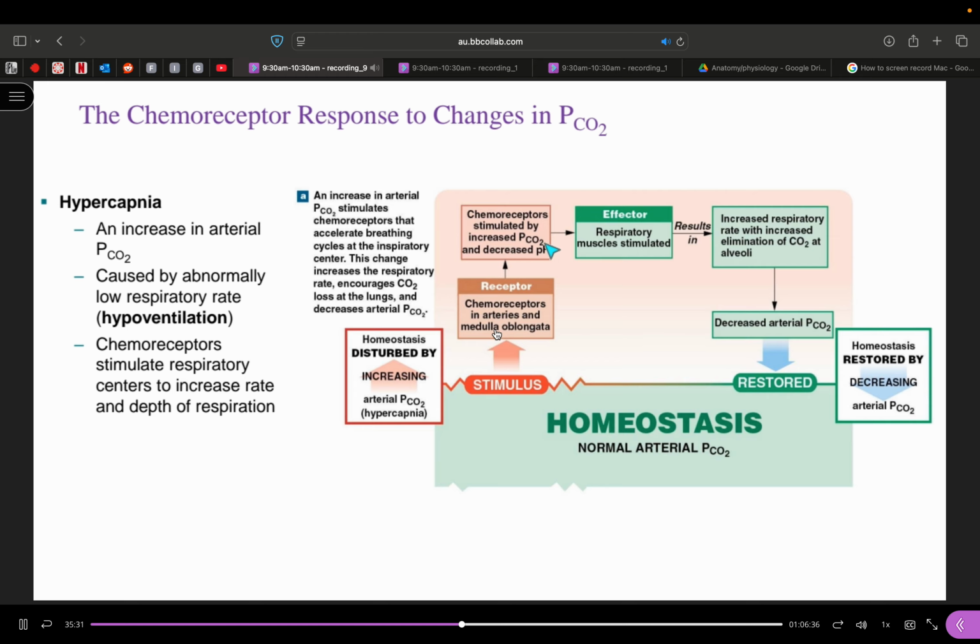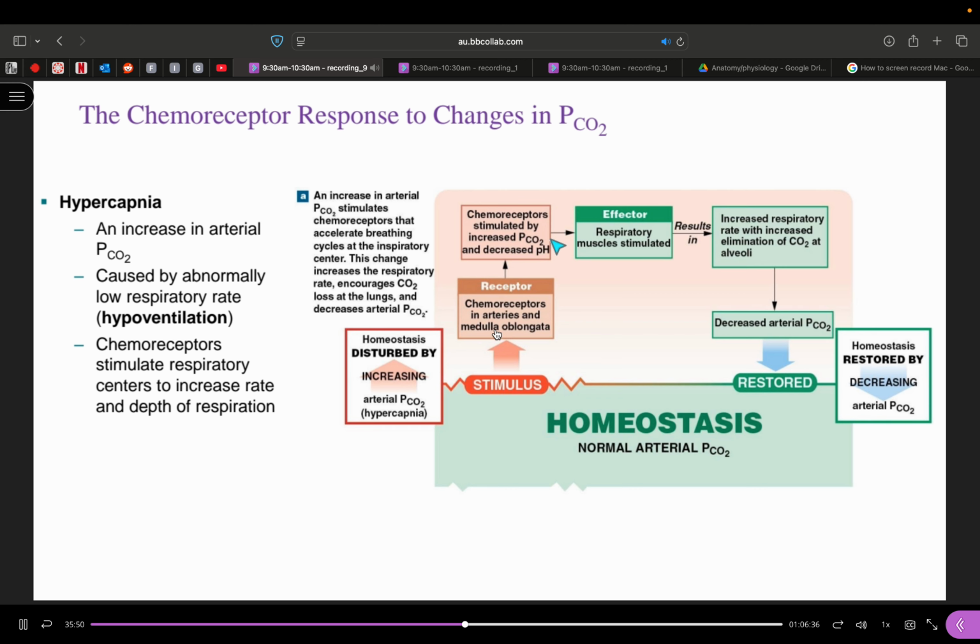This will get triggered with increased carbon dioxide or a decrease in pH. A decrease in pH because elevated CO2 gets dealt with, and then the waste product essentially causes a reduction in pH. That's because it's getting too acidic, right?